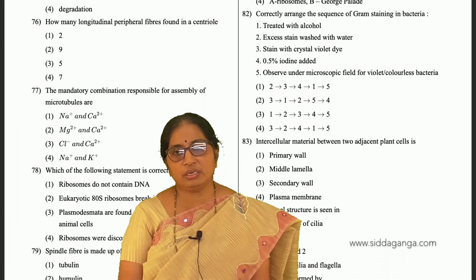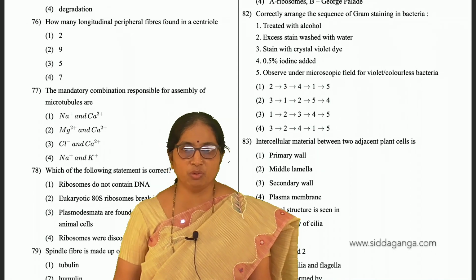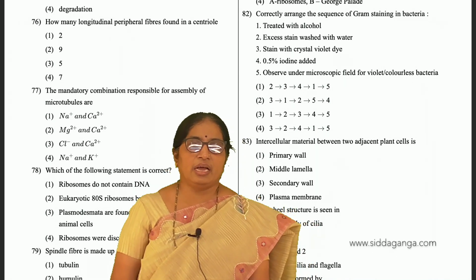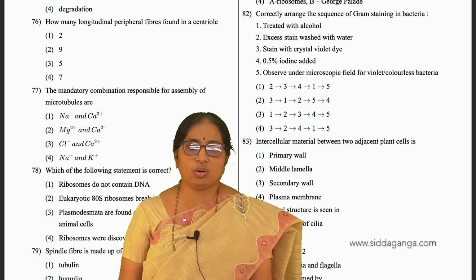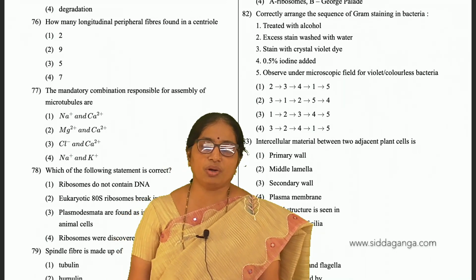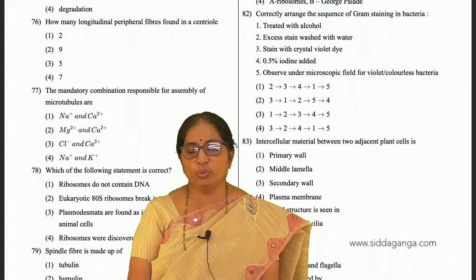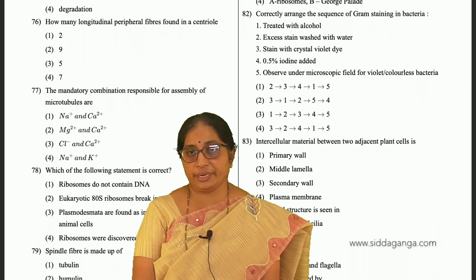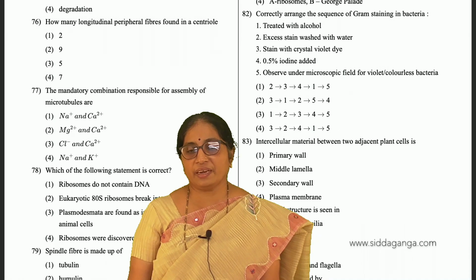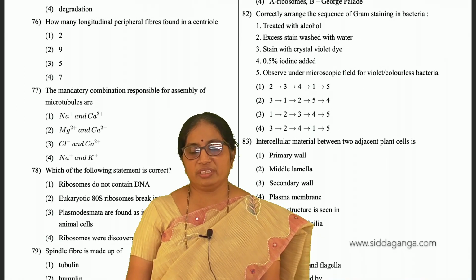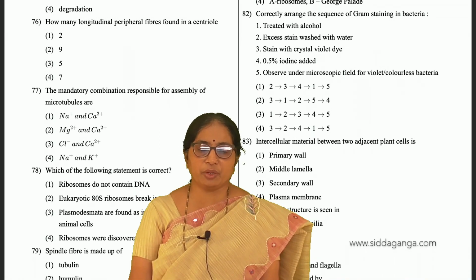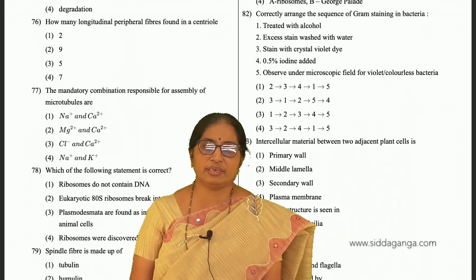Alcohol is the one which removes the color, and even after treating with alcohol, if the color is there, then you call it gram positive. If the color is not there, if it is colorless, you call it gram negative. Then you observe under the microscopic field for violet or colorless bacteria.